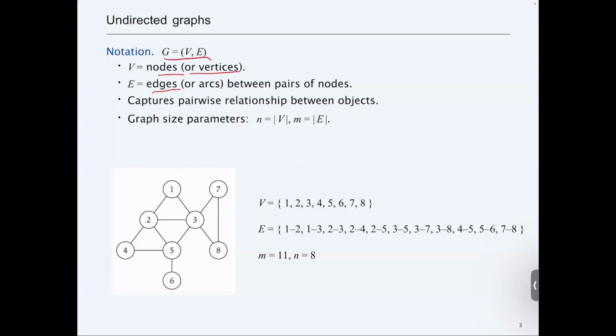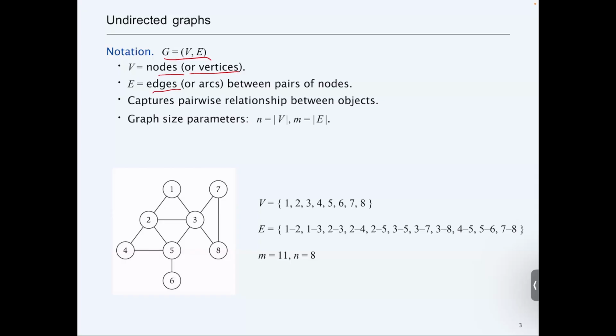So if two vertices are connected by an edge, that means those two objects have some kind of relationship. Maybe they're friends in a social network, or maybe they're cities that are connected by a road. Maybe they're computers that are connected by a cable. Graphs are incredibly flexible because the interpretation depends entirely on the application.